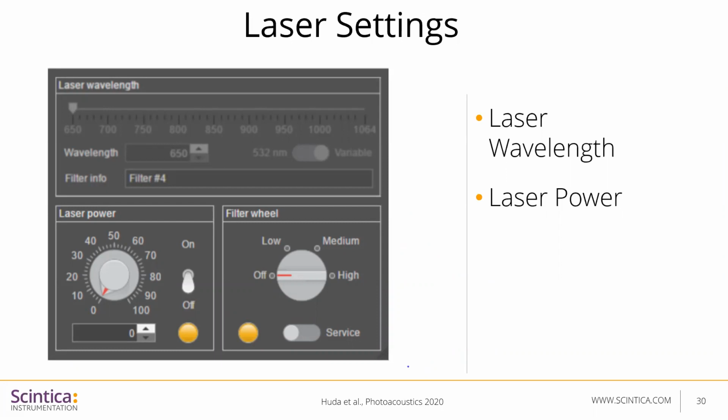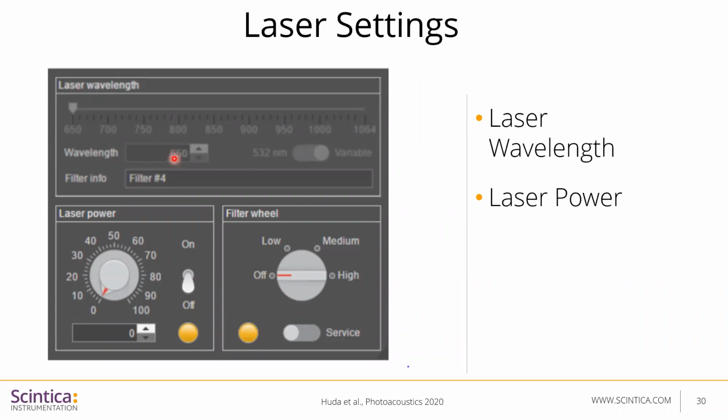Next, I'll talk about the laser settings. The laser setting dialog allows the user to control the laser. The wavelength of light is one of the important factors in the case of the PAFT system. To image the target of interest, we need to modulate the wavelength.